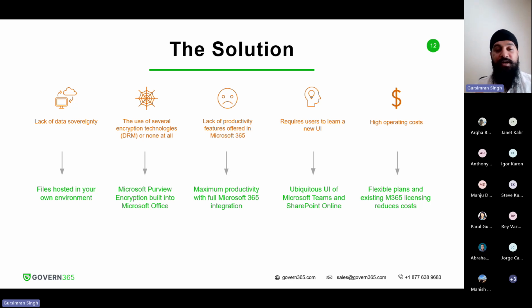They'll be opening the files. They can collaborate on the file if they so choose to. Search is fully enabled, e-discovery, all of the features that you are used to using within SharePoint Online are fully supported despite the files being encrypted. So that's the big bonus of having a very interconnected ecosystem like we do have here.